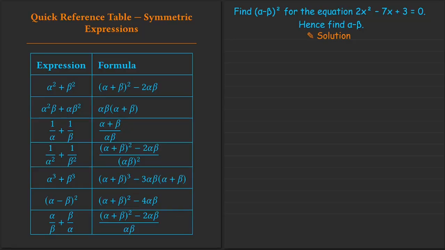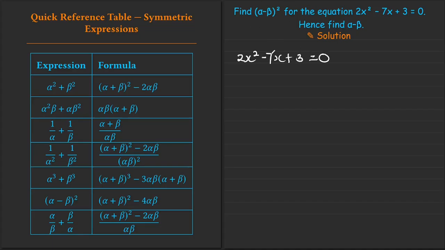So looking at our next question we have here, it says find alpha minus beta all squared for the equation 2x squared minus 7x plus 3 is equal to 0. Hence, we have to find alpha minus beta. Our equation was given as what? 2x squared minus 7x plus 3 is equal to 0.